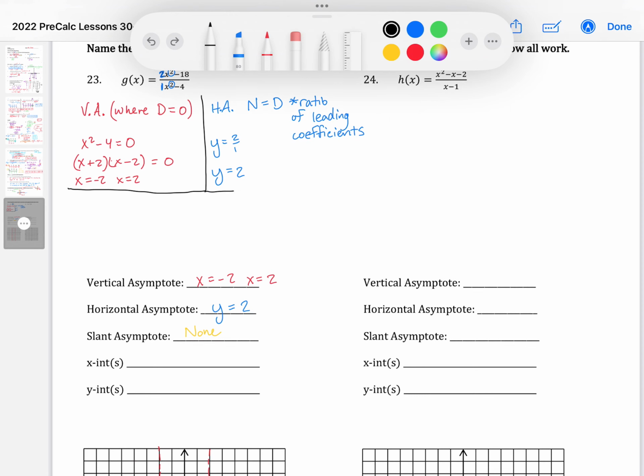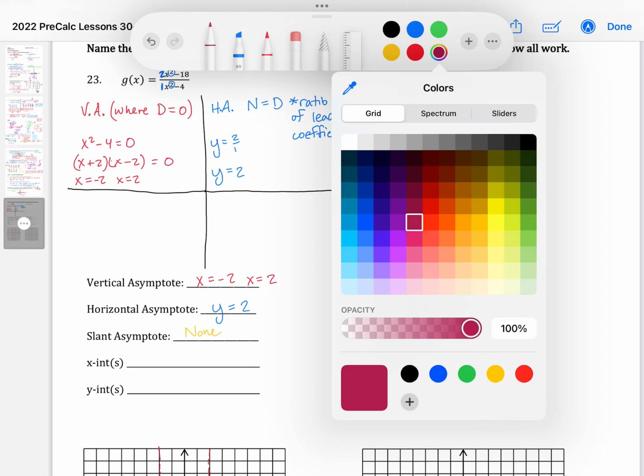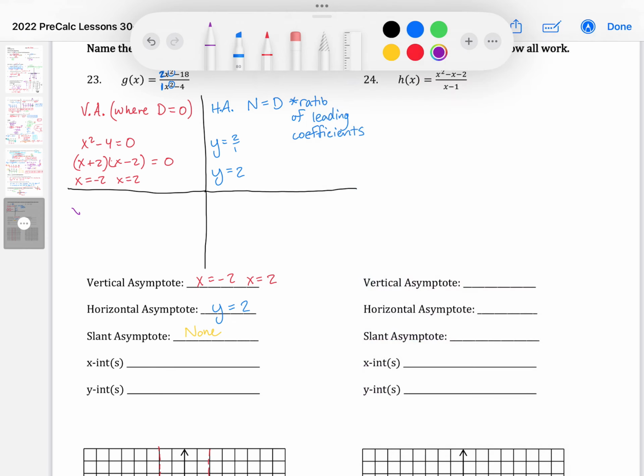All right. Next thing we're going to find are the x-intercepts, and remember you get x-intercepts where the numerator is equal to 0. So I'm just going to write myself a note that this happens where the numerator equals 0. So I can factor the numerator, so I take a 2 out first.